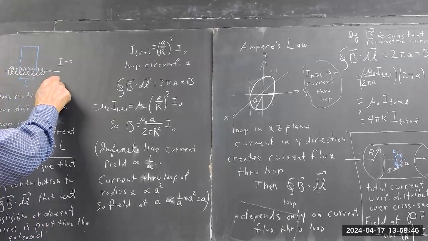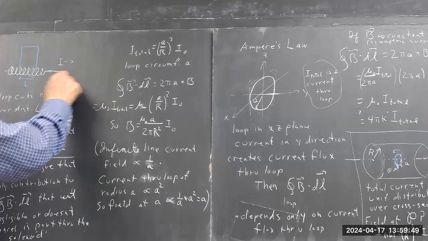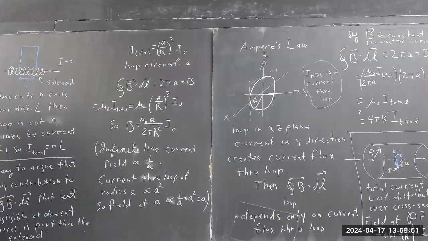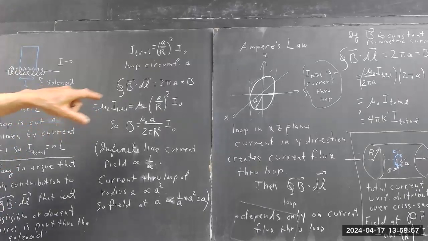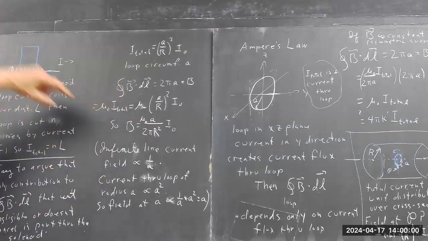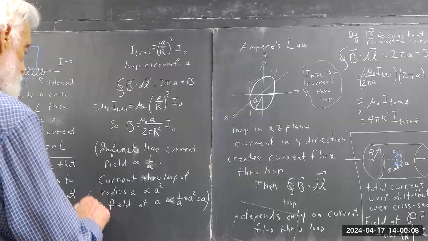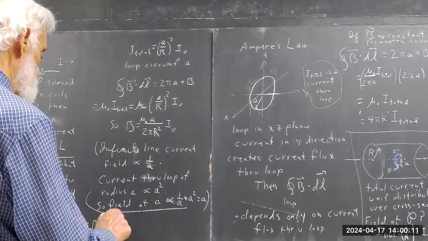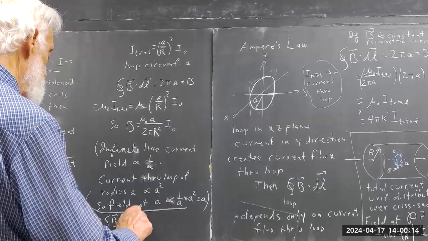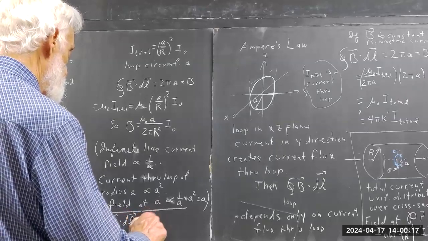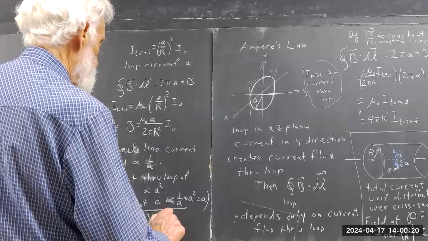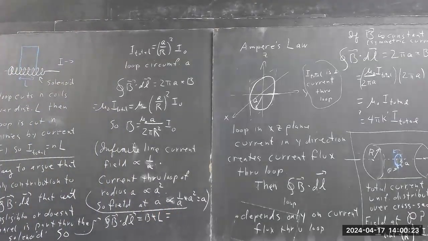And this thing is what we call a solenoid. It then follows that the integral of B dot dl is just the magnetic field times its length, B times L, but it also equals mu naught times I total.